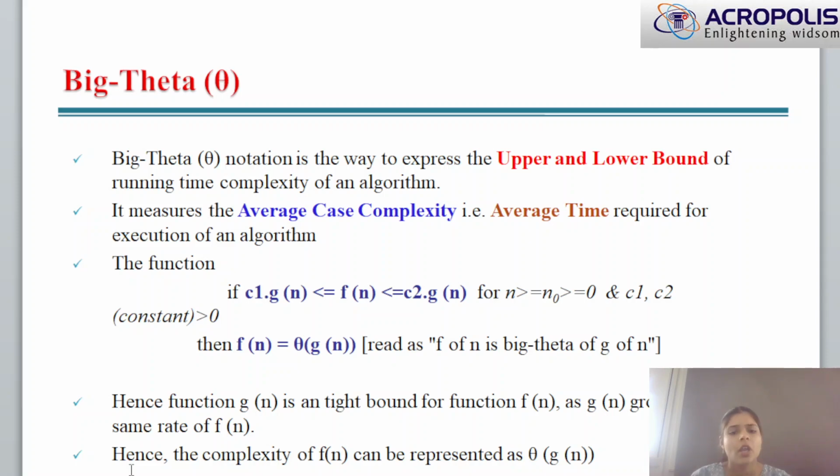If c1 times g(n) is smaller than or equal to f(n), which is smaller than or equal to c2 times g(n), then f(n) equals theta of g(n). Read as f of n is big theta of g of n. Hence the function g(n) is a tight bound for function f(n), as g(n) grows at the same rate as f(n). Hence the complexity of f(n) can be represented as theta of g(n).